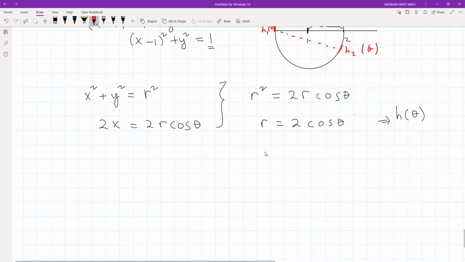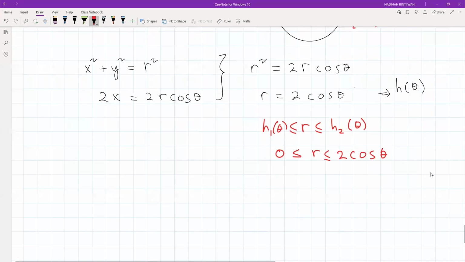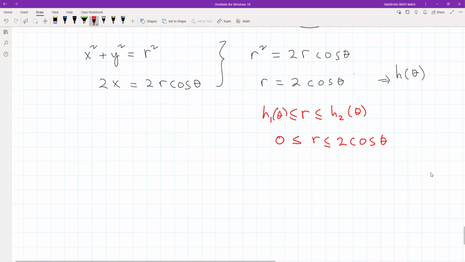So now R is between H1 of theta and then H2 of theta. Okay, now we knew that H1 is 0 and then H2 is 2 cosine theta. So kita dah beres bahagian boundary untuk R. Now we need to find the limit for theta.